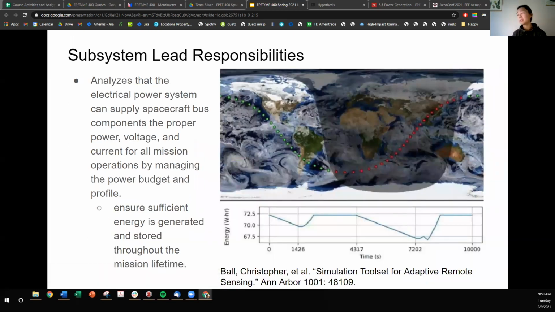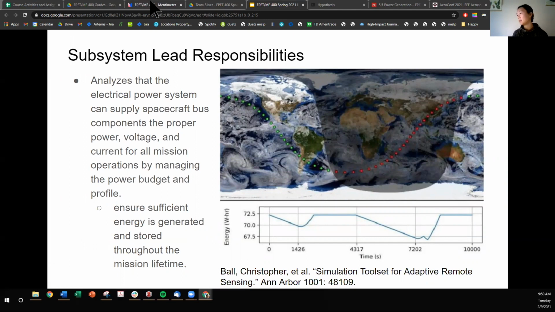Other subsystem lead responsibilities include analyzing that the electrical power system can supply spacecraft bus components the proper power, voltage, and current for all mission operations by managing the power budget and profile. This includes ensuring that sufficient energy is generated and stored throughout the mission lifetime.